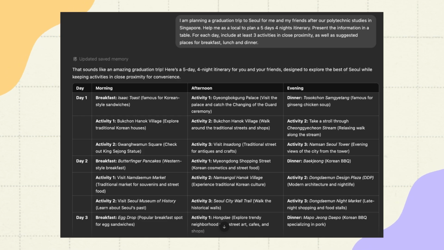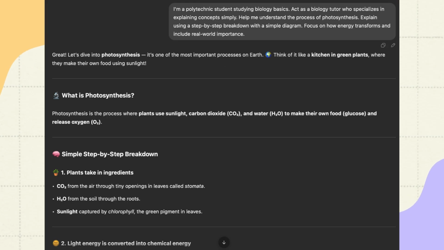Let's consider how you might apply this framework for your studies. For instance, instead of asking, "tell me about photosynthesis," you could use CRAFT. Context. I'm a polytechnic student studying biology basics. Role. Act as a biology tutor who specializes in explaining concepts simply.